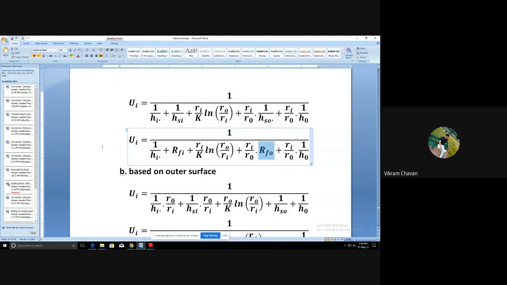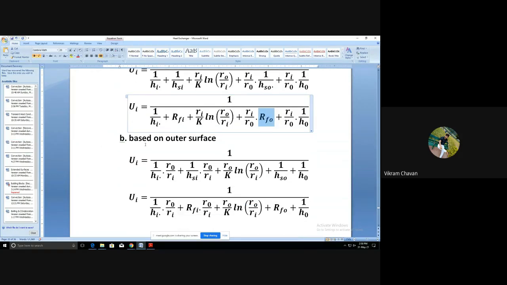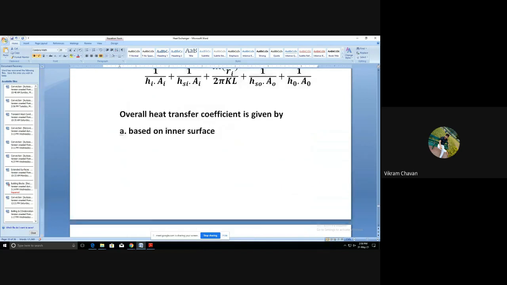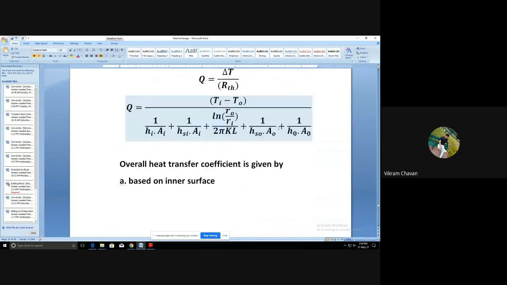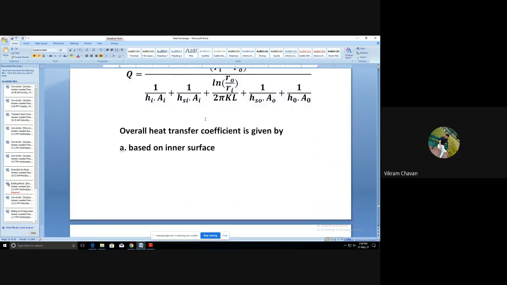Similarly, you can take out A_o common from this equation and shift it to the numerator side. If you leave A_o and (T_i minus T_o), then the remaining part on the right hand side will be the overall heat transfer coefficient.